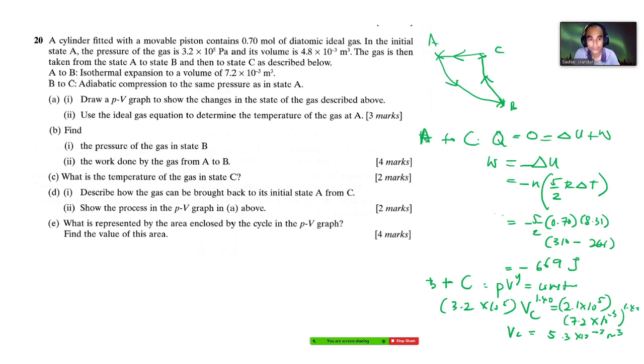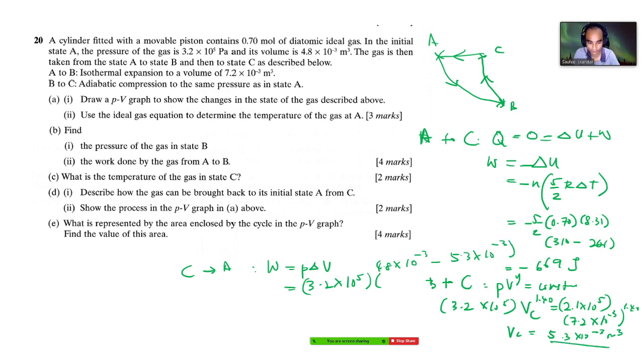Okay, C to A. Work done equals P change of V, which is 3.0 times 10 power 5 times change of V, which is 4.8 times 10 power negative 3 minus 5.3 times 10 power negative 3.